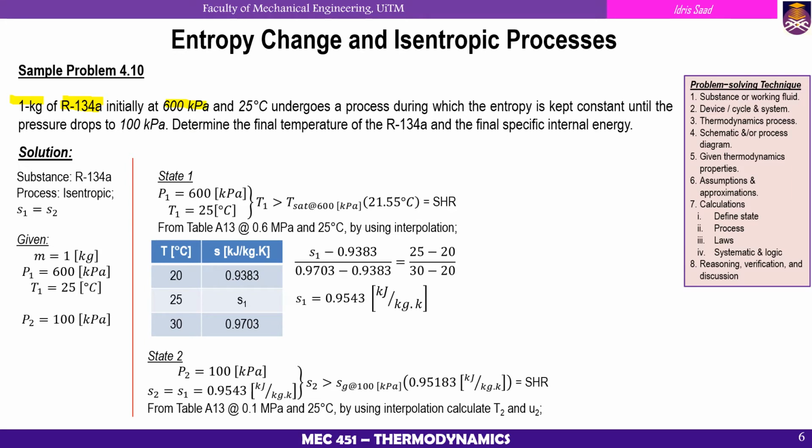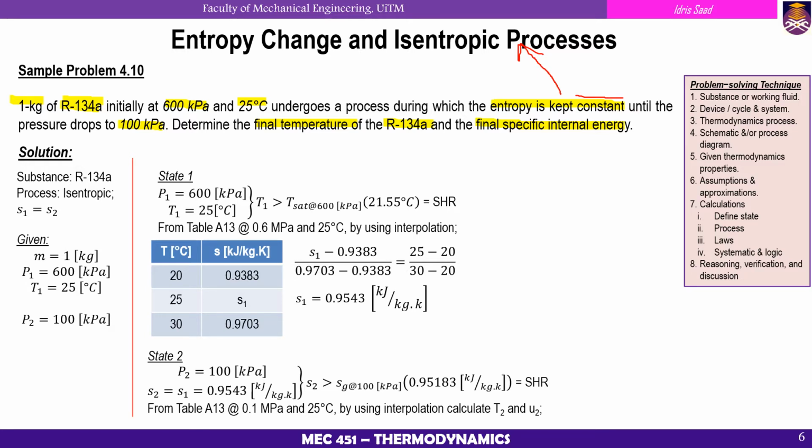So this is the pressure, and 25 degrees Celsius. It undergoes a process during which the entropy is kept constant. So the process where entropy is kept constant is basically an isentropic process. What is meant by constant? S2 is equal to S1, until the pressure drops to 100 kilopascal. So the question asks us to determine the final temperature of the R134a and the final specific internal energy.